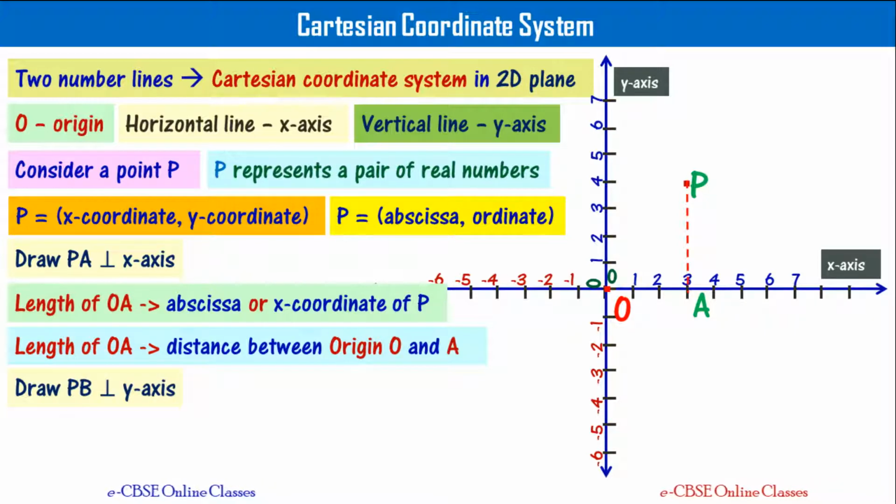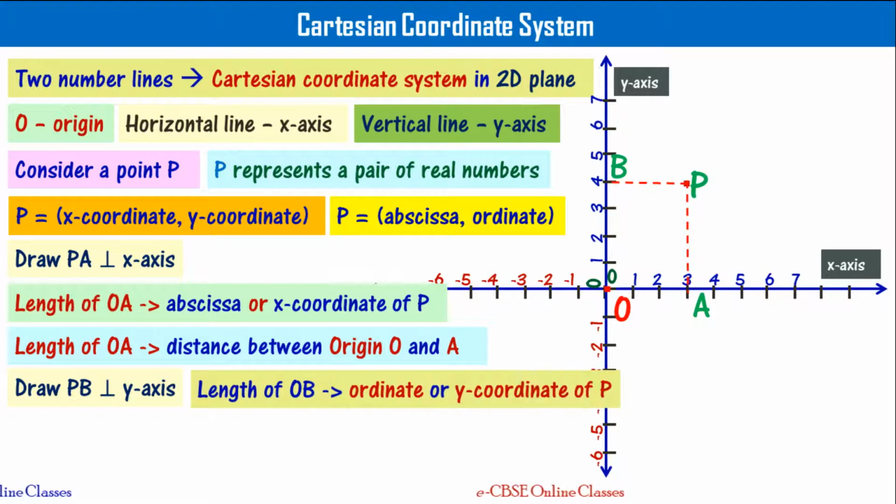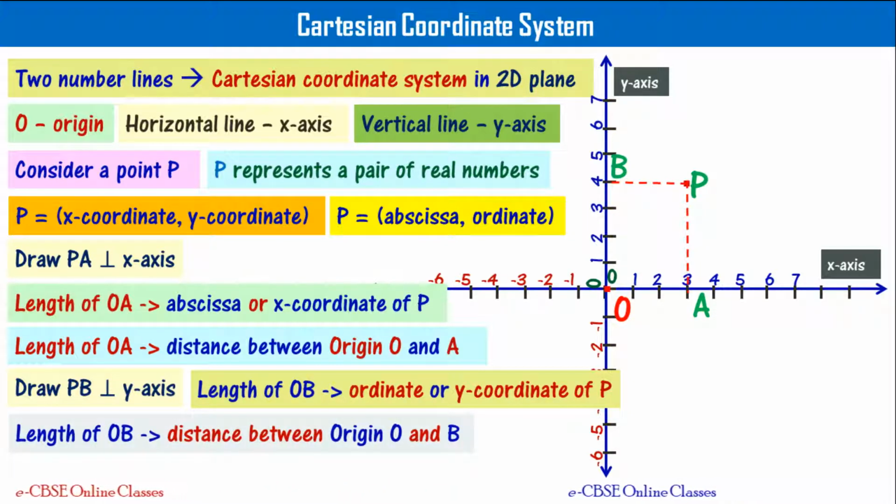Similarly, one can draw line PB perpendicular to y-axis as shown in the figure, and length of line segment OB is called ordinate or y coordinate of point P. If you observe, length of line segment OB is equal to the distance between origin O and the point B on y-axis. Please take a note of that.